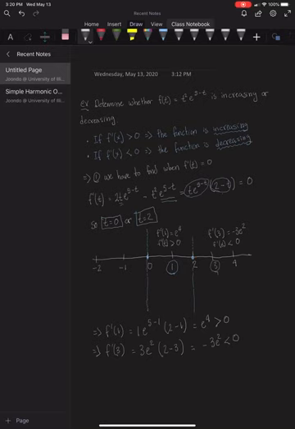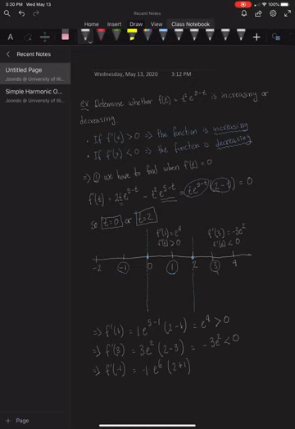Now what happens on the other side? One of the numbers we can test is negative 1. F prime of negative 1 is equal to negative 1 times e to the 6th power times 2 plus 1.